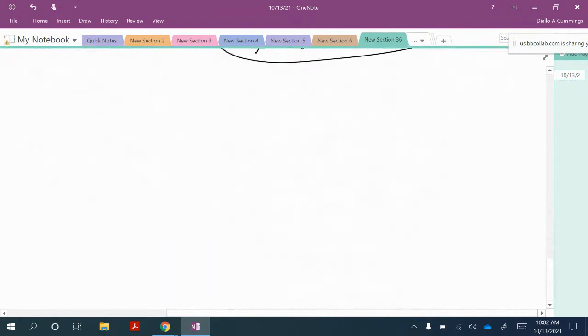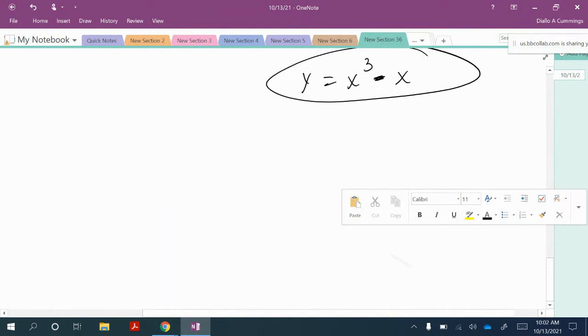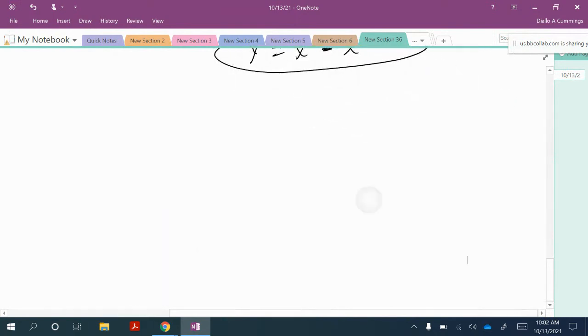Just to write out a quick example. All right, so here's just an example. And normally the questions in the homework look like this.